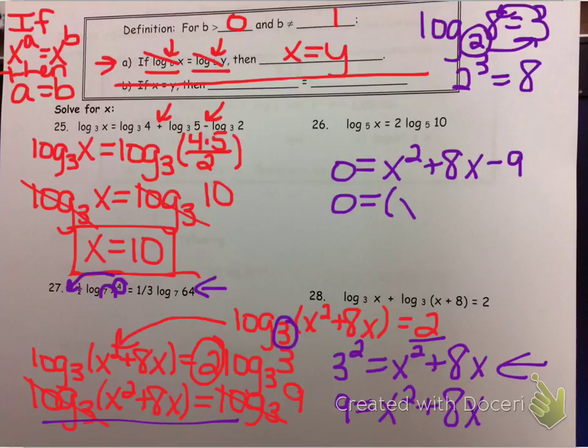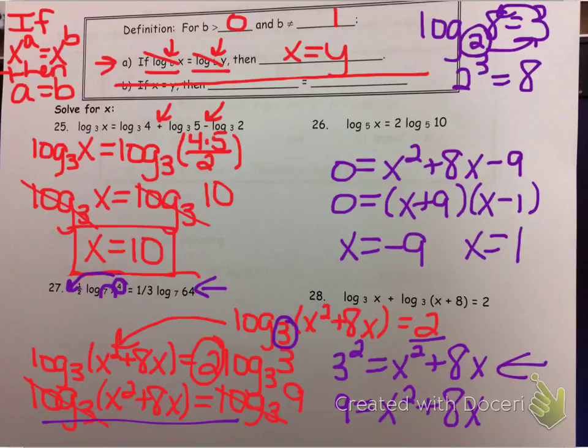It factors as x plus 9 and x minus 1. And so I initially get two answers, x equals negative 9, x equals positive 1. But here's my original equation, and if I plugged this negative number into that equation, I'd have negatives inside of both of my logs. So it gets thrown out as extraneous, and x equals 1 is the only one you keep.